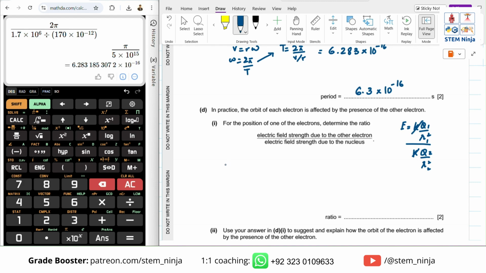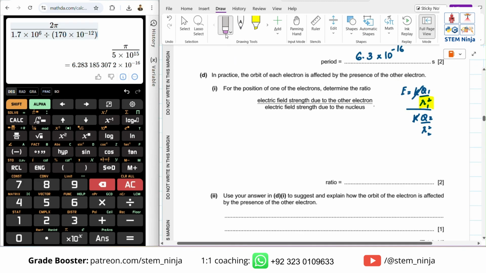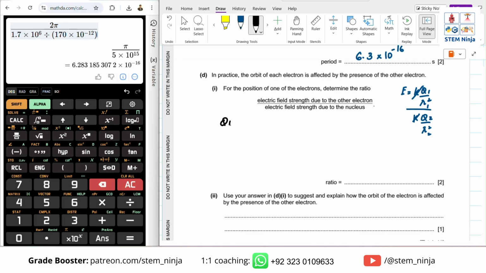So what we have over here is q1 over r1 squared, q2 over r1 squared. Okay, so q1, which is due to the other electron, is 1.6 × 10^-19.